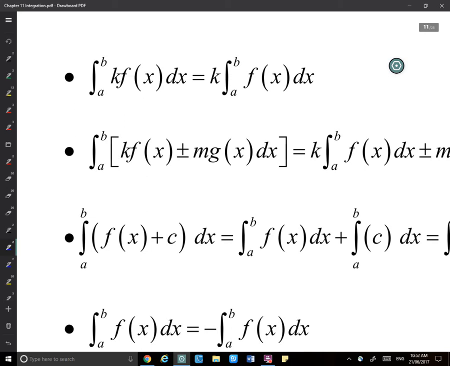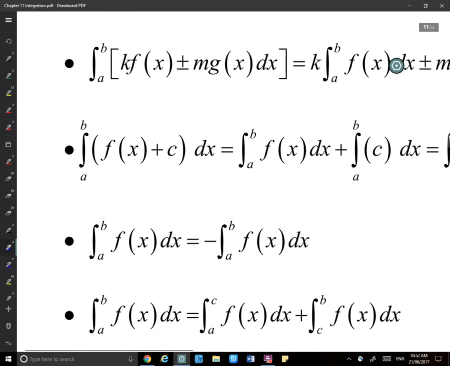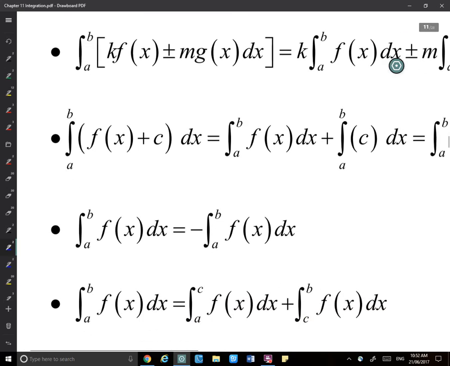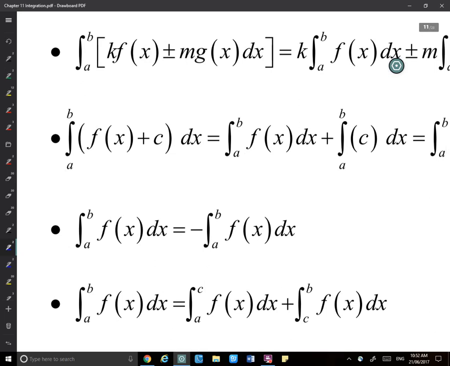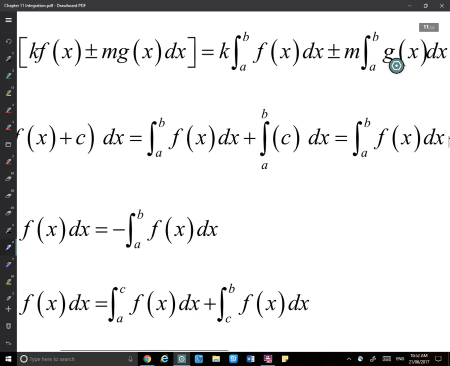Only add or subtract. Okay, next one is a really interesting one. If you go for f(x) plus c, you add some function f(x) and then plus c, that is the same as the integral of f(x) from a to b plus the integral of c from a to b. What's the integral of a constant? What's the integral of c? Cx.